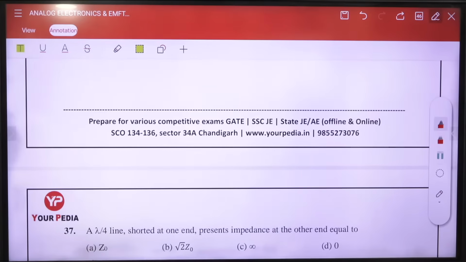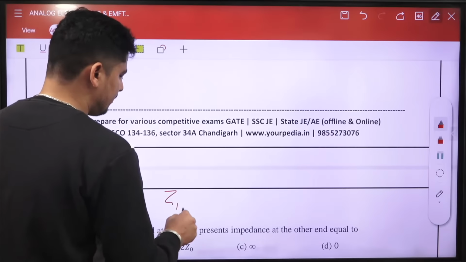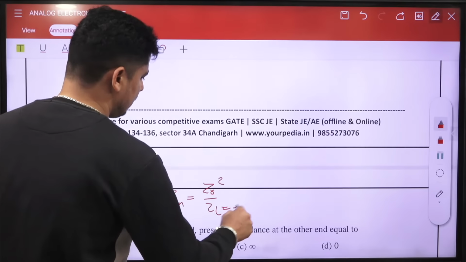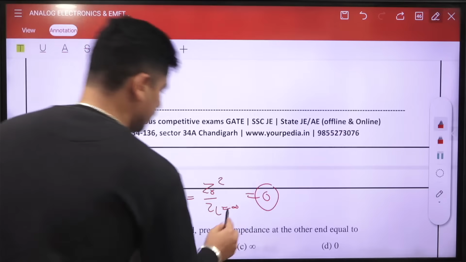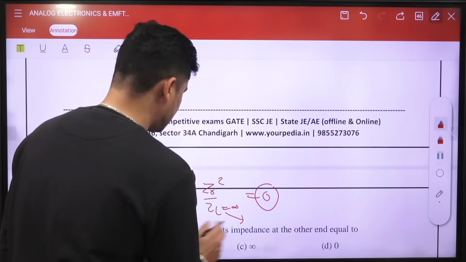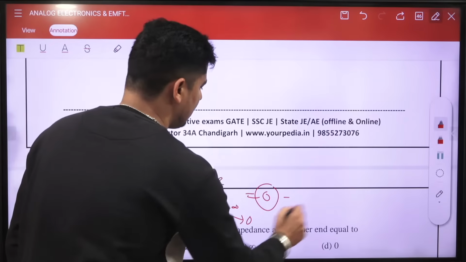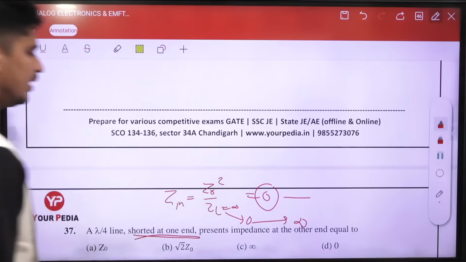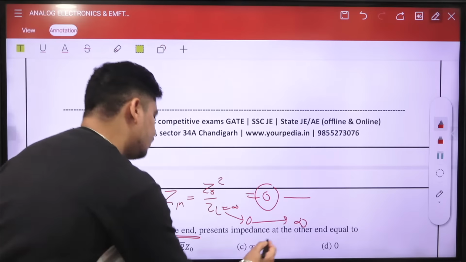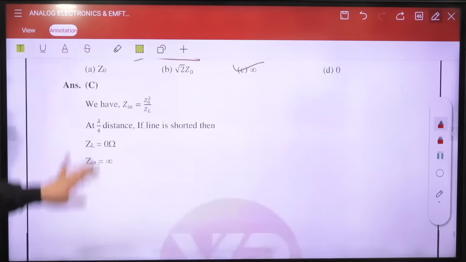The input impedance of a lambda by 4 line will be Z naught square divided by ZL. If ZL is infinity, it is going to be 0. Because he is giving you a short circuited line, ZL is 0, so the input impedance will be infinity. Got it?